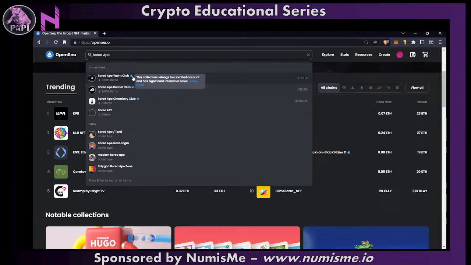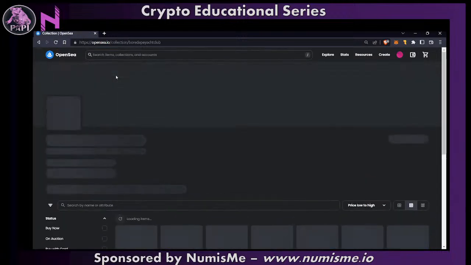That's why these blue check marks are so important, because that means that OpenSea went and verified this is the correct project. So if I saw 3 Bored Ape Yacht Clubs in this search dropdown, I would pick this one. Let's go visit. So when it first loads, you're going to see a little bit of information about the project at the top. When it loads very slowly.